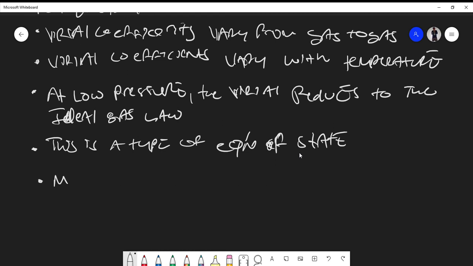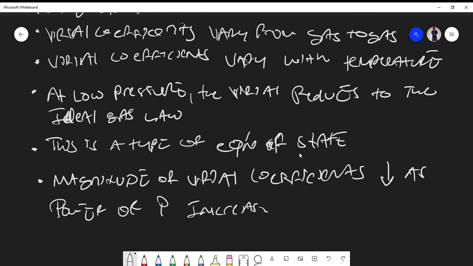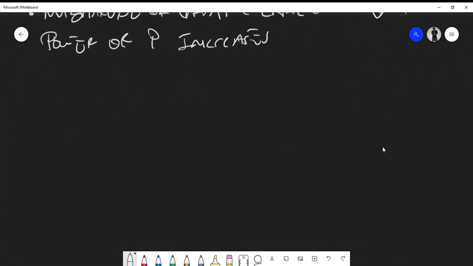And we need to know that the magnitude of the virial coefficients decreases as the power of P increases. So let's revisit Boyle's law.